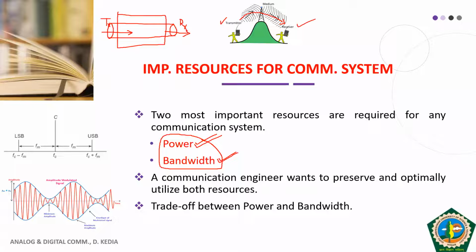So you can assume the bandwidth as a pipeline that helps our signal to travel. We want more power and obviously more bandwidth, because if the size of the pipe is large, then more signal can travel.